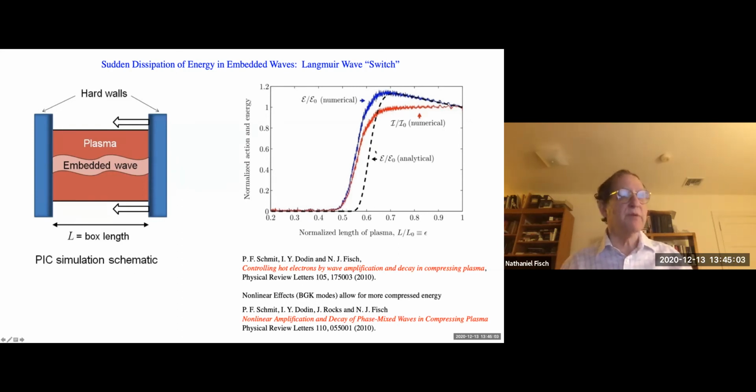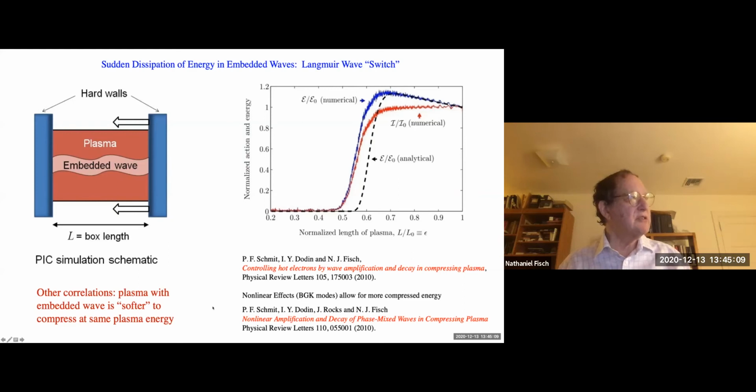But at some point, because the k and the system become large, I suddenly get Landau damping. It's a collisionless damping mechanism. But something that's quite interesting is that the plasma with embedded energy is softer to compress at the same plasma energy. In other words, I can put more energy in my plasma mode without getting to higher pressure.